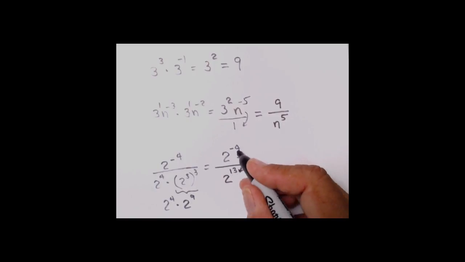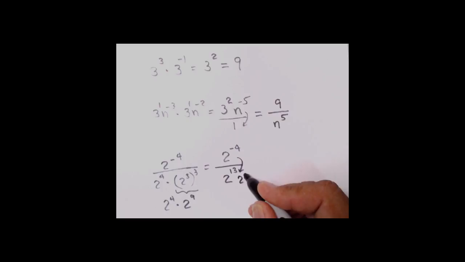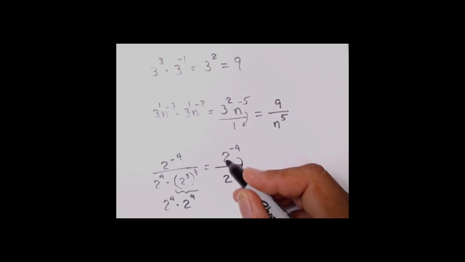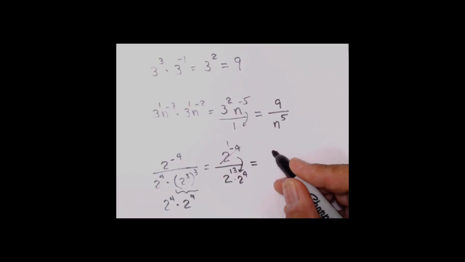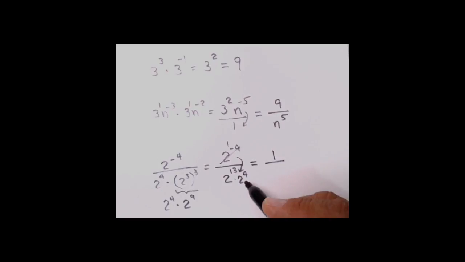I'm going to jump this 2 to the negative 4 down as positive 2 to the 4. Okay, it's been jumped down, so there's a 1 left upstairs. So I end up with 1 over, well, these are all the same base, so 13 plus 4, 2 to the 17. Now, no negative exponents in that, so we're good right at that point.